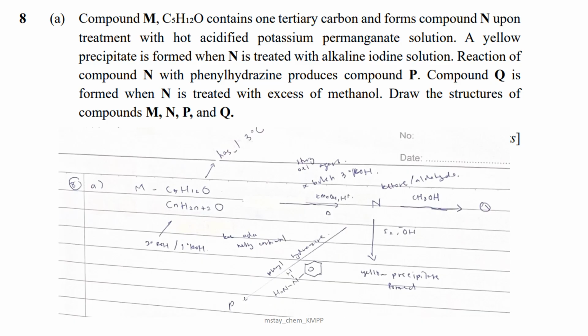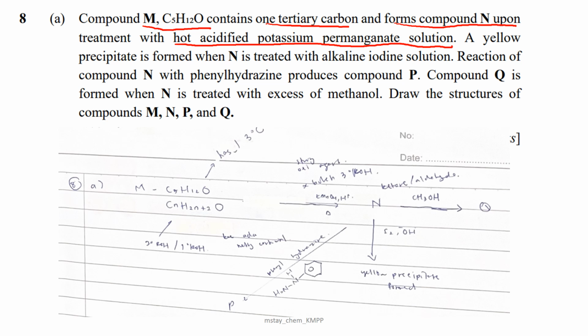Okay, now let's continue with question number 8. Due to the fact that I didn't receive the answers for question 6 and 7, so compound M, C5H12O, contains a tertiary carbon and forms compound N upon treatment with hot acidified potassium permanganate solution.